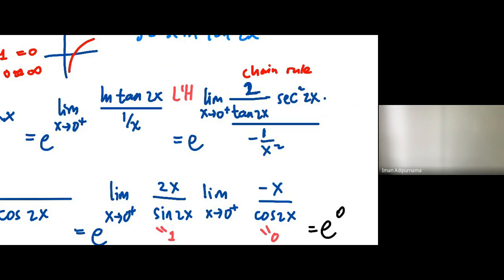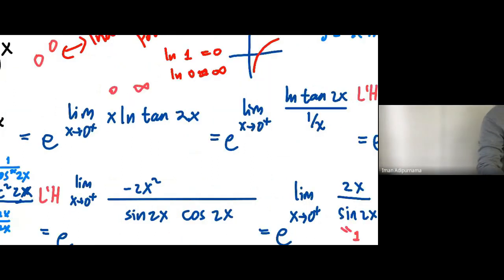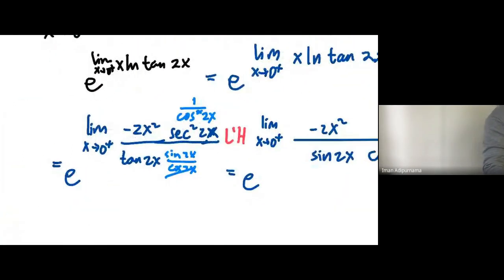Now the chain rule we have here, let me rewrite the form. Let me move here. This is the form. So actually I can write negative 2x squared secant squared 2x and then tangent 2x.